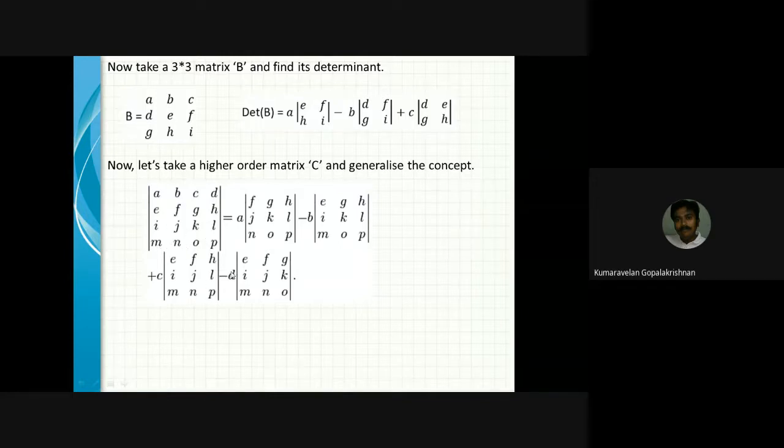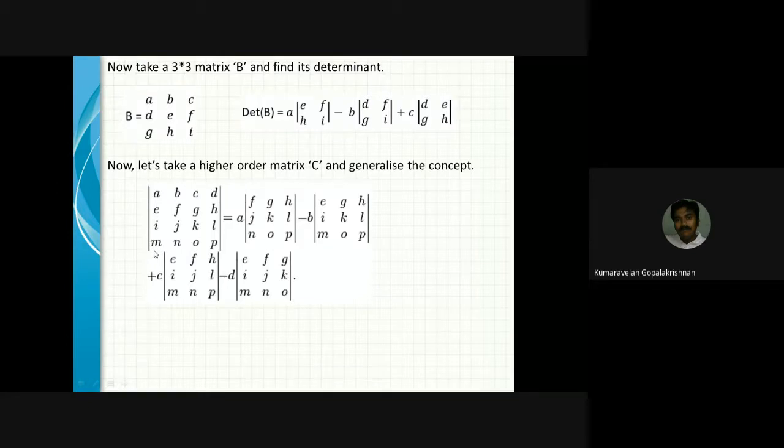Yes, here it is. And similarly minus D, all right? Leave this corresponding row and column. The remaining things are E, F, G, I, J, K, M, N, O. While computing, if you want the determinant of a 3 by 3 matrix, again it has to be reduced to 2 by 2, right? And finally we can find the determinant of this 4 by 4 matrix.